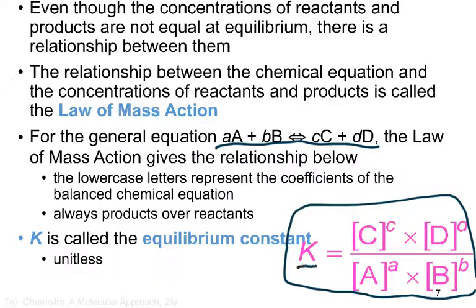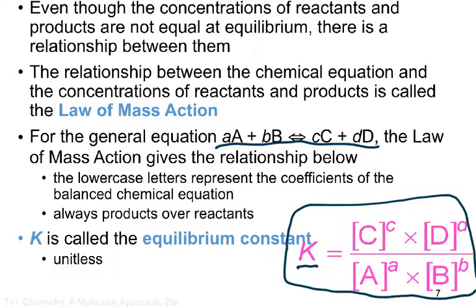K, capital K, our equilibrium constant, is our products raised to their coefficients divided by our reactants raised to their coefficients. And we're going to get lots of practice with writing K's, because we're going to use them extensively in chapters 14, 15, and 16. And we'll also use them a little bit more in the later chapters as well.